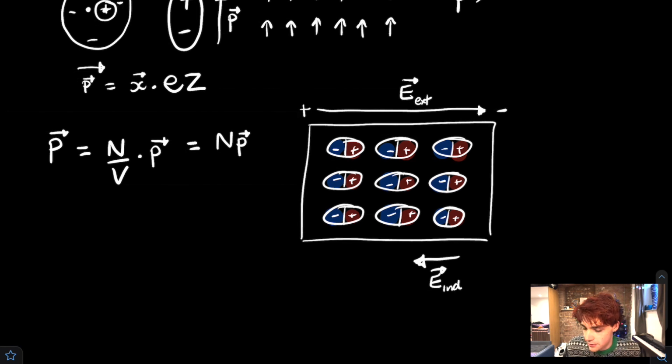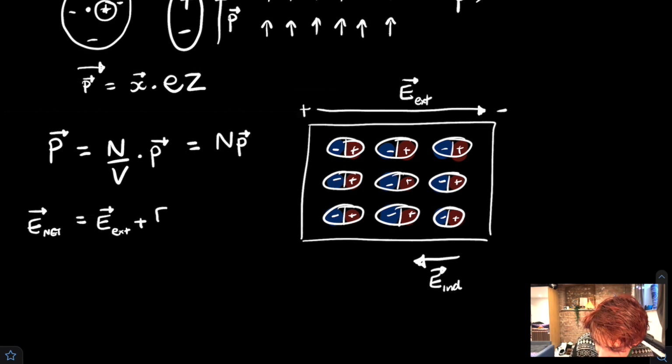So this is the induced electric field, and we're going to call the external electric field just E external, right here. And so therefore the net electric field within the material, that any free charge placed in this dielectric material will experience, is going to be just the vector addition of the external electric field and the induced electric field caused by the charges within the dielectric.